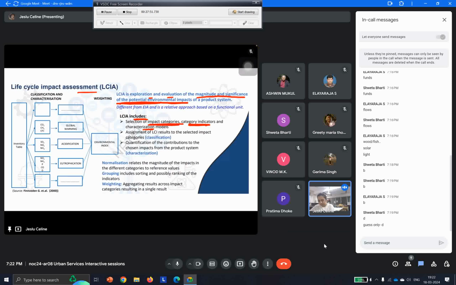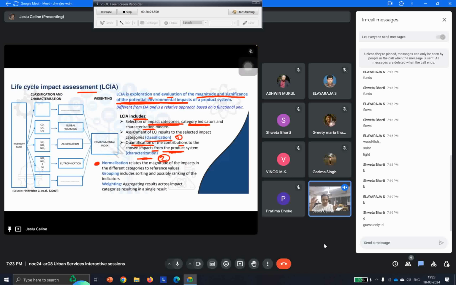The first step is classification, where we select the impact categories and we classify them. And then we also do a characterization, where we quantify the contributions of the chosen impact for the product. So classification and characterization are two important steps in life cycle impact analysis. While doing that, we also do normalization, because we need to find the magnitude of these impacts for different categories.